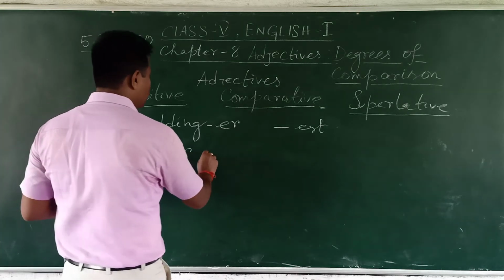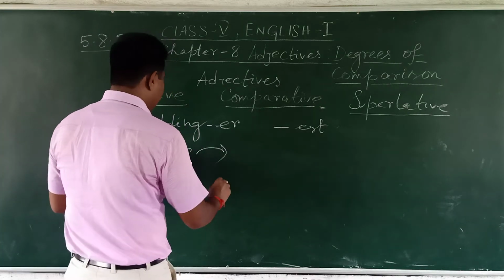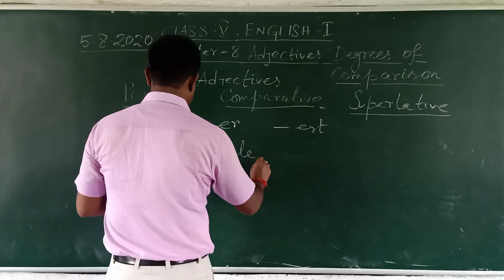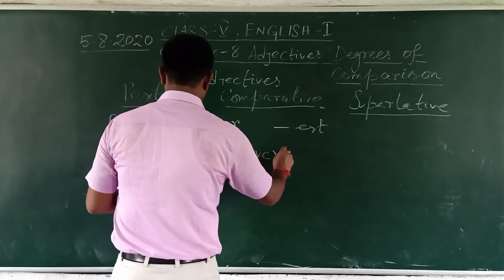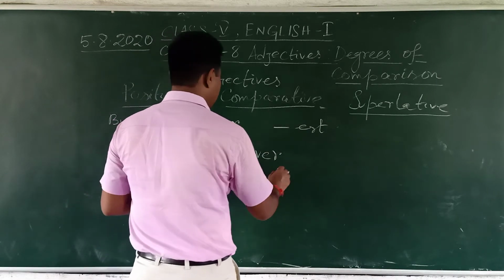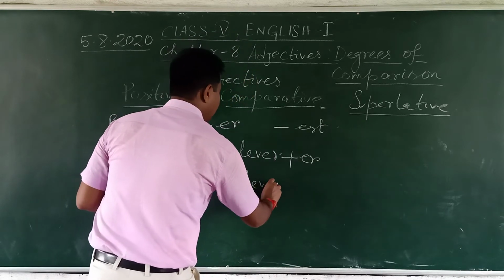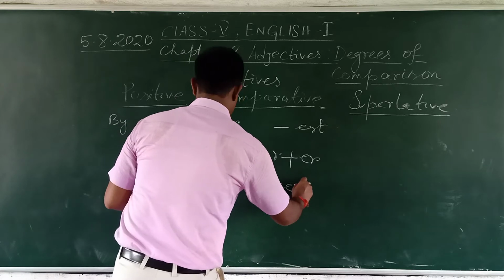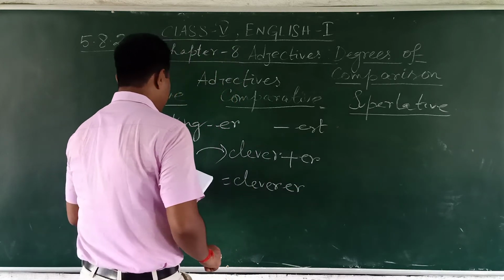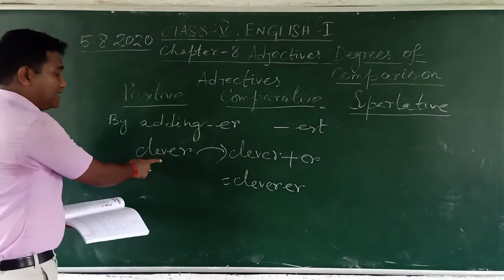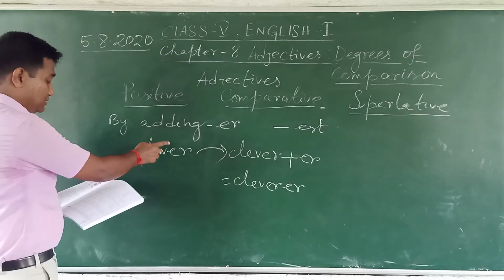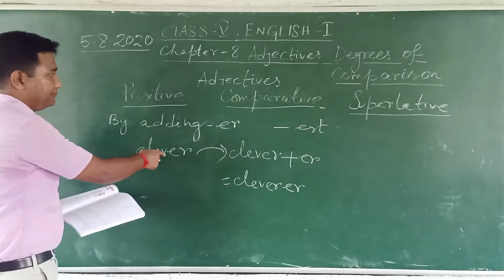So in the comparative degree, what will it be? Cleverer, C-L-E-V-E-R plus E-R. First we write clever in the positive degree.